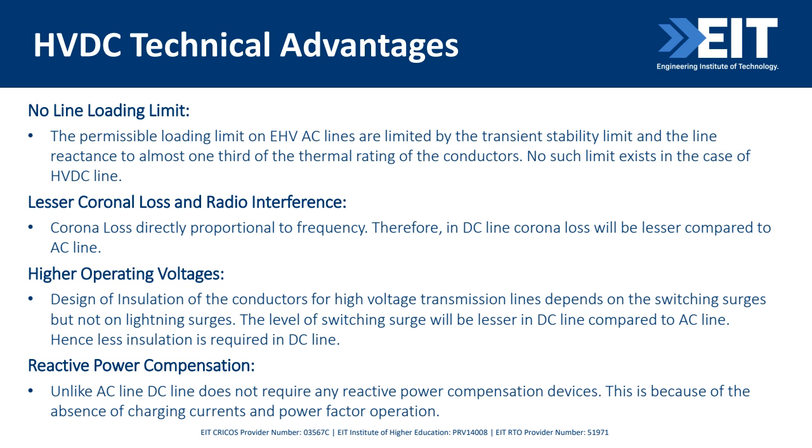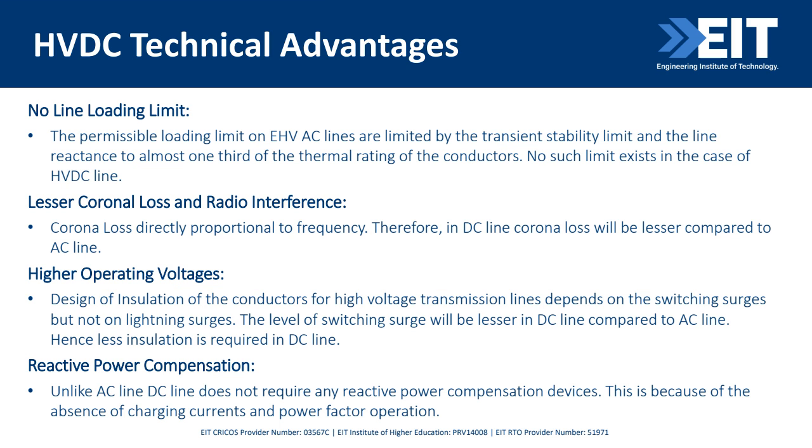Those of you who have worked in the power system industry must know that whenever we design our system or cable, we calculate the line loading that has to do with the thermal limit of the conductor.